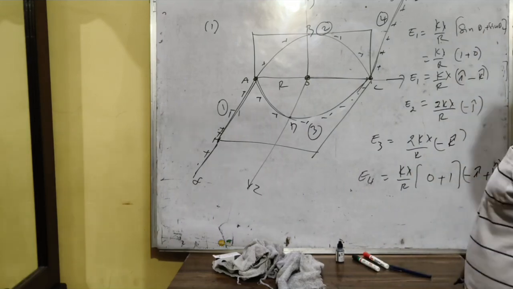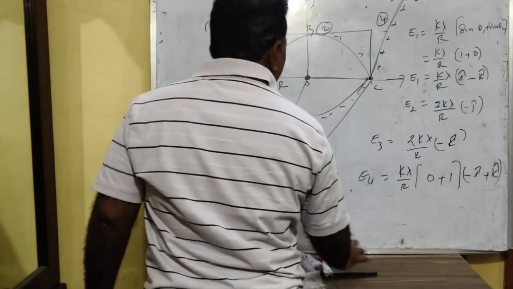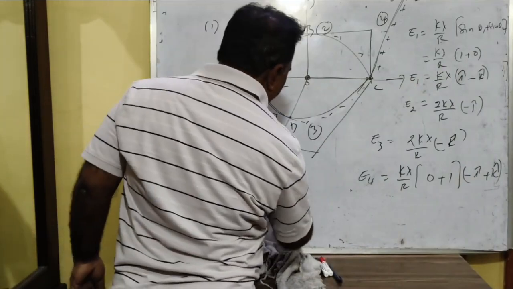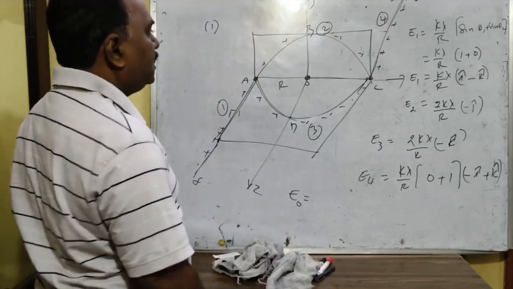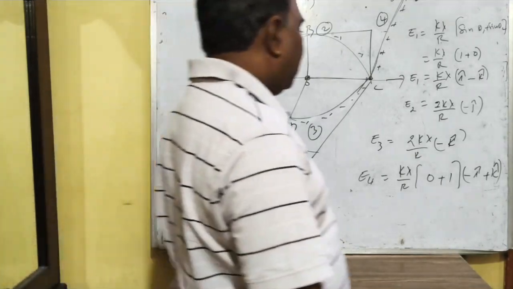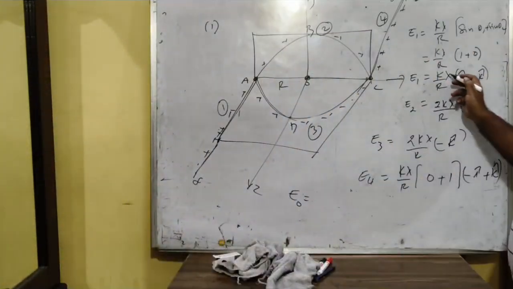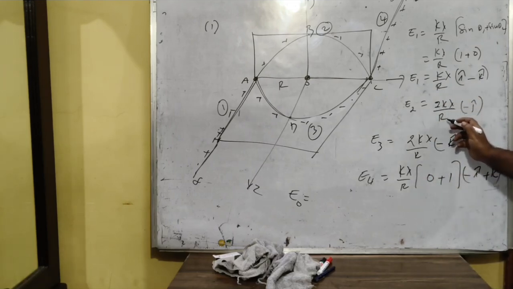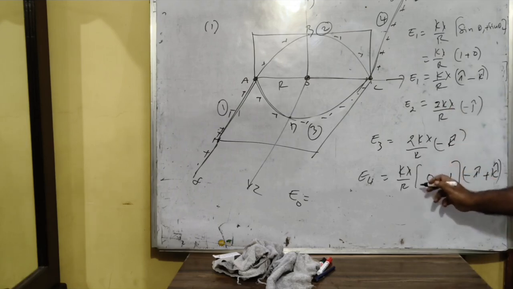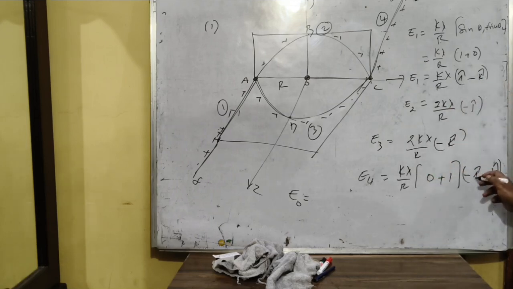That's it. So by summing all this, we will get the total electrical field at point O. E0 is equal to E1 plus E2 plus E3 plus E4. But here, by seeing, plus i k lambda by r, sorry, 2k lambda by r i, minus k lambda by r i, minus k here, minus i plus k.